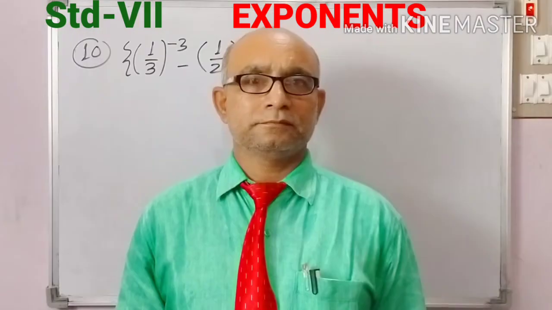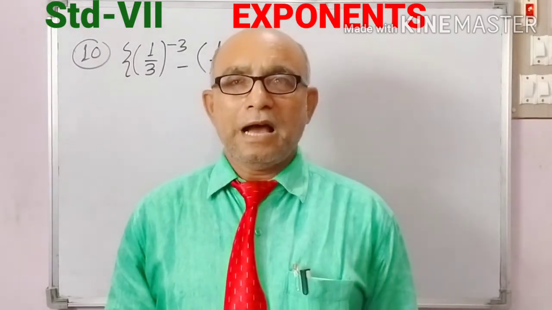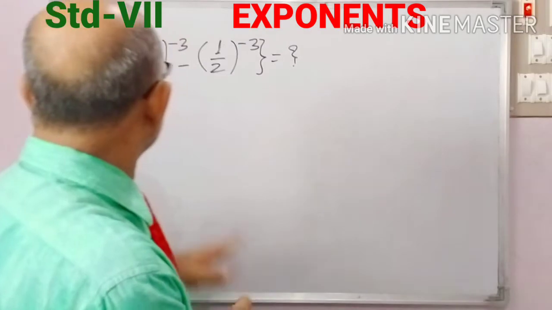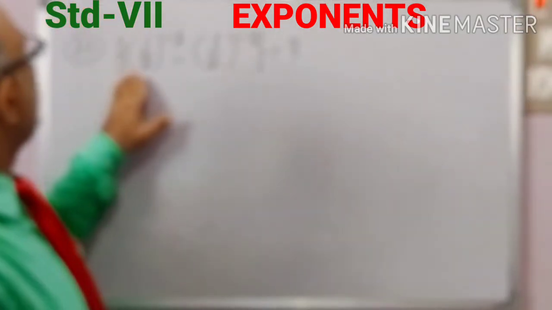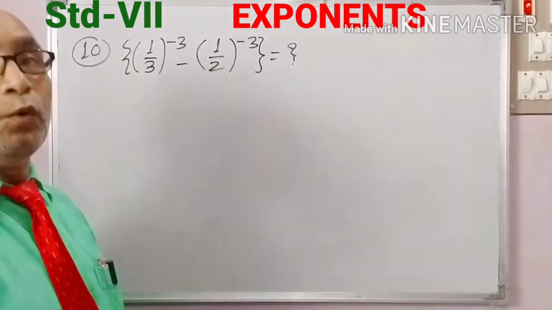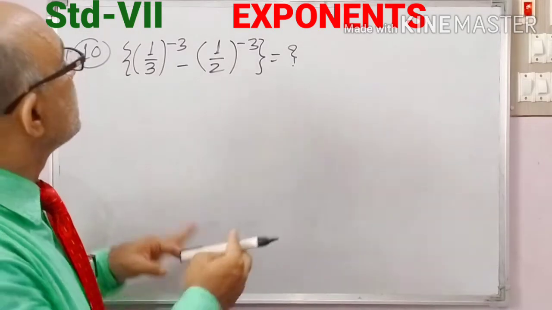Write it. Students, the last selected question is question number 10. In this question, 1 by 3 to the power minus 3 minus 1 by 2 to the power minus 3 equal to what? It is an objective question.